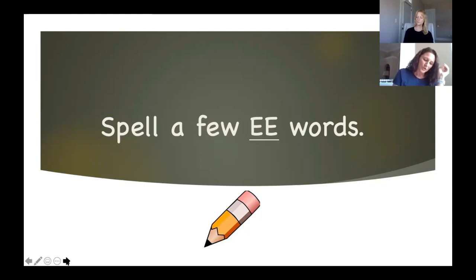Perfect. Nice job. Go back and read what you spelled. Beep, need, queen, green, beef, sheep. Good job. Circle the one that has a sh in it. Good job. Oh, nice work, Angela. Very, very good job. Okay, perfect.